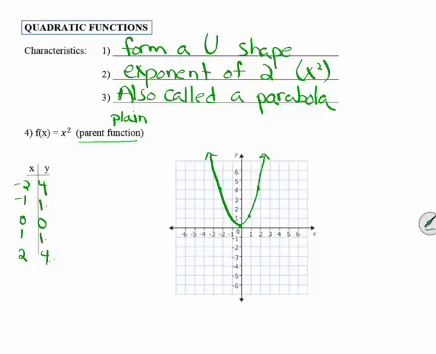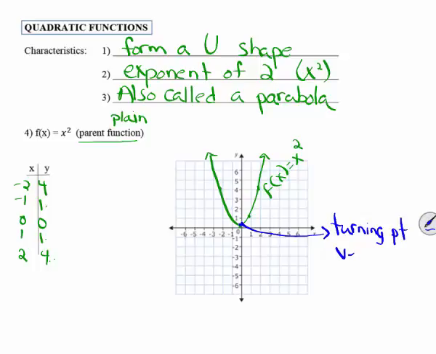All right, and then we're going to label it f of x equals x squared. This little point down here has a couple of names. This is called the turning point.